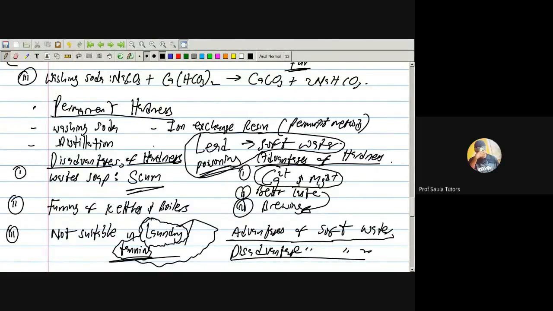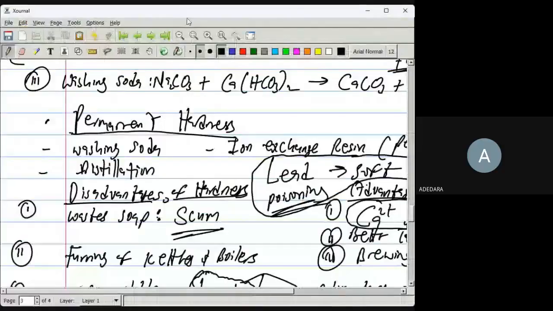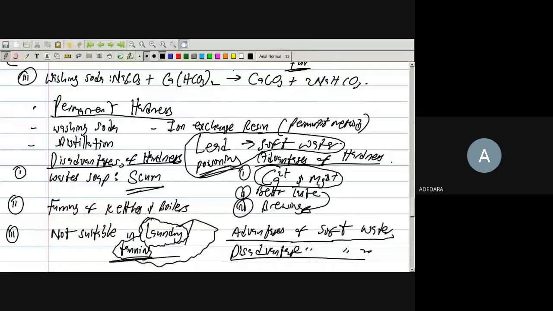Sir, I have a question. According to water pollution, why is it that water affects human health? It depends on the type of water you are taking.